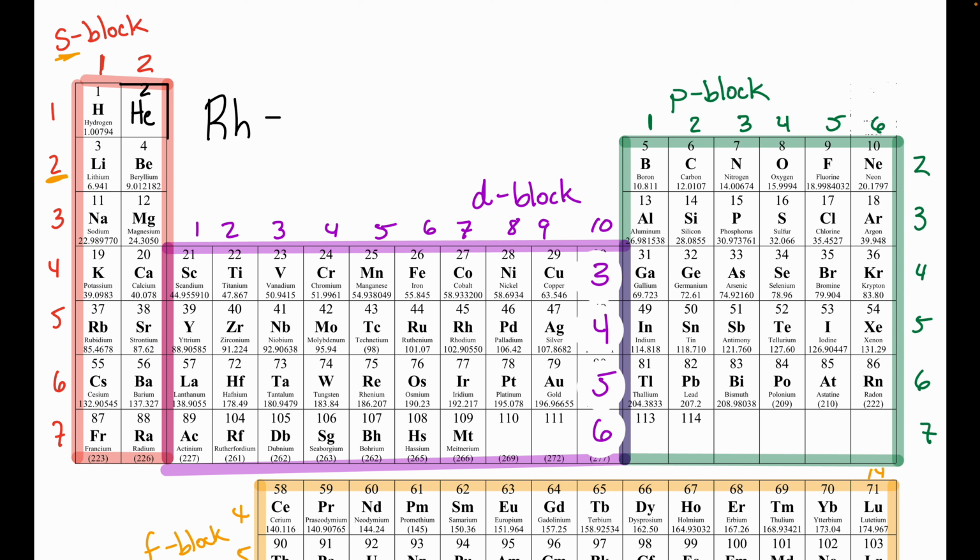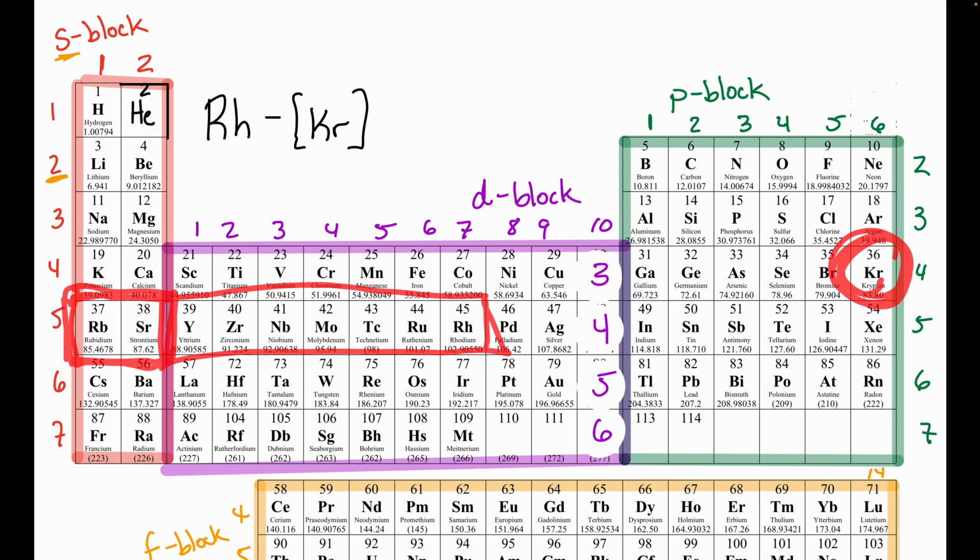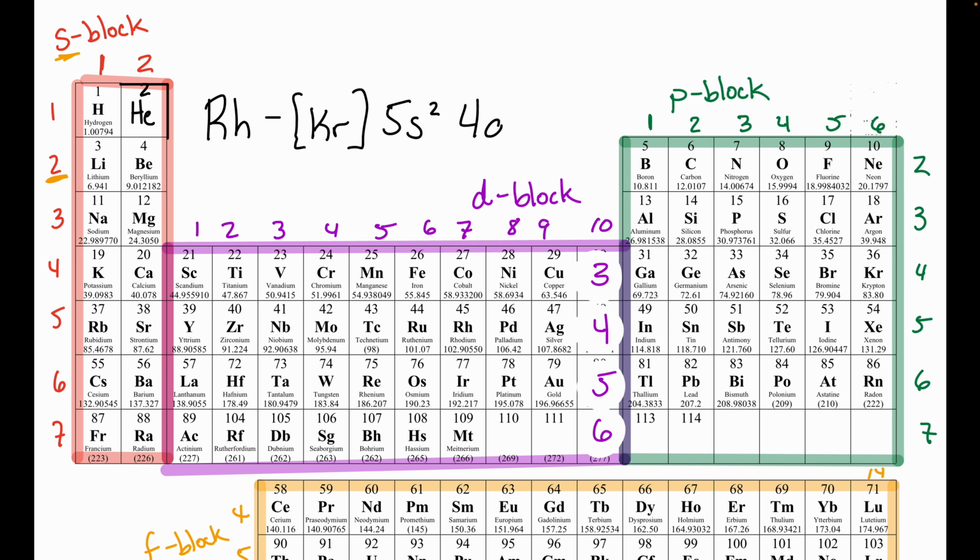Which noble gas am I going to use? Krypton. So I'm going to say, whatever krypton's is, that gets me up to here. I still have to include what comes after it, which is these two 5s electrons and then our 7 4d electrons. So 5s2, 4d7.